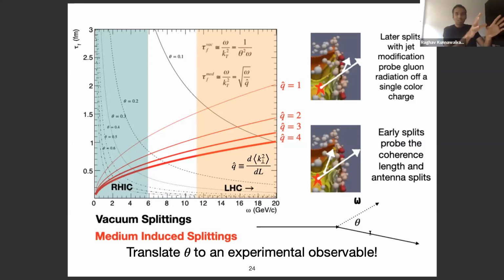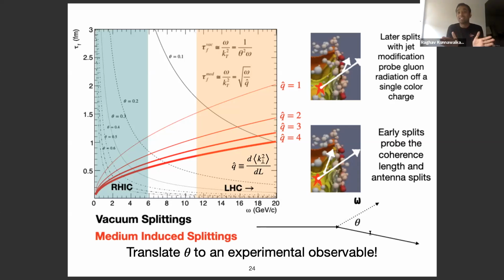So you can already see there are regions where you can have vacuum-like emissions, there are regions where you can have medium-like emissions, and there are regions where you can have both. And if we can translate this theta into an experimental observable, then we can separate two classes of jets. A class of jets where you had very early emission, right?